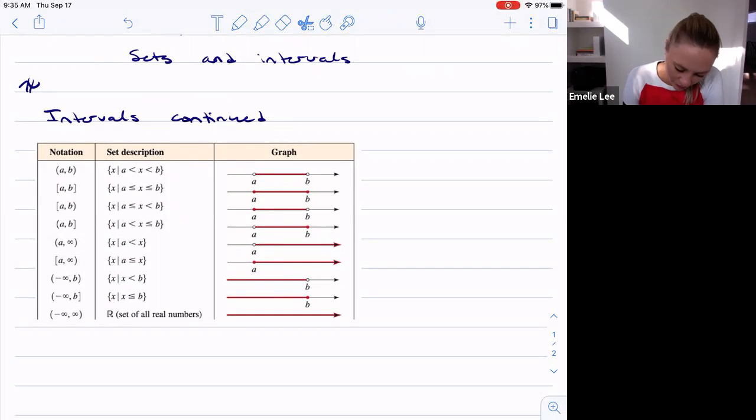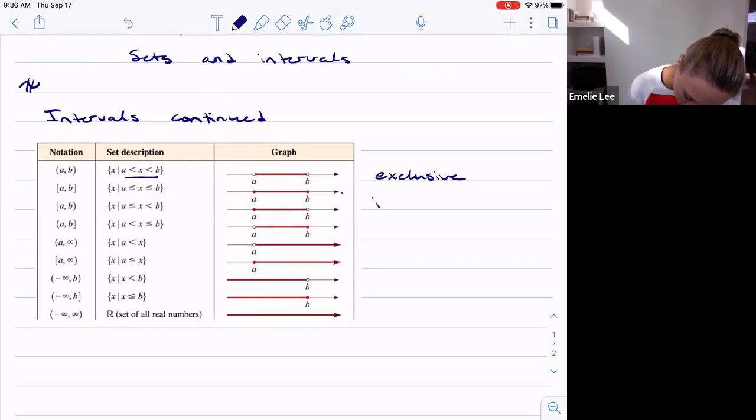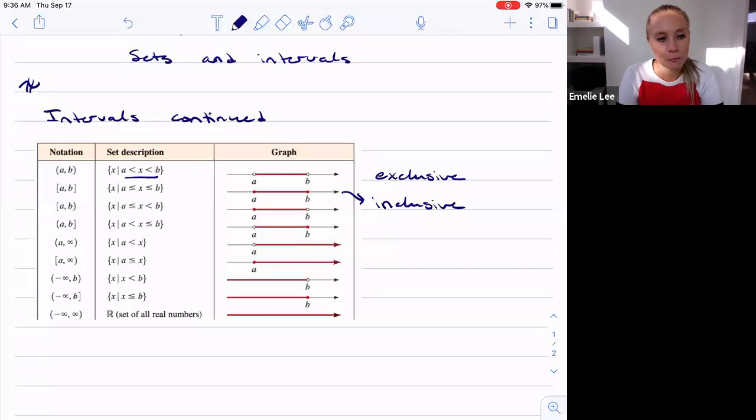If we've got open dots, that's the not inclusive, the exclusive. If you've got closed dots, that means you're inclusive of the endpoints. And you can have combinations of those. The inclusive would be the less than or equal to, and it just goes through a couple of combinations here.